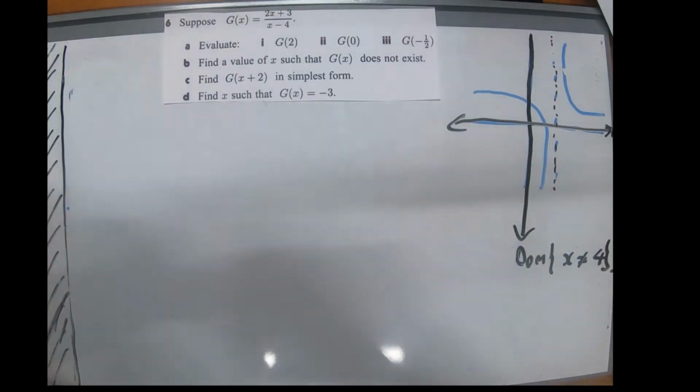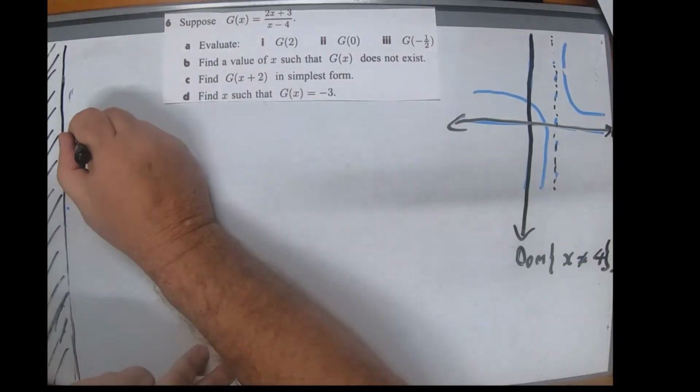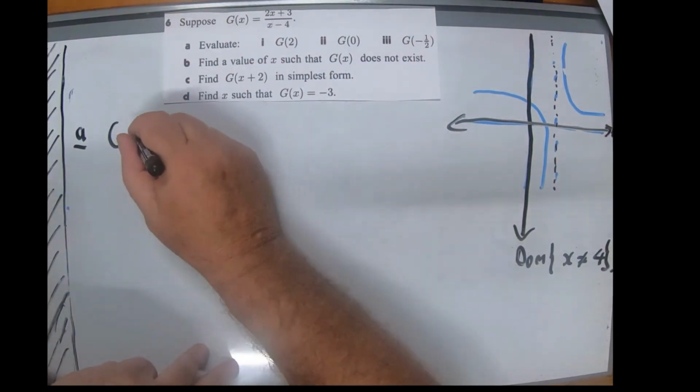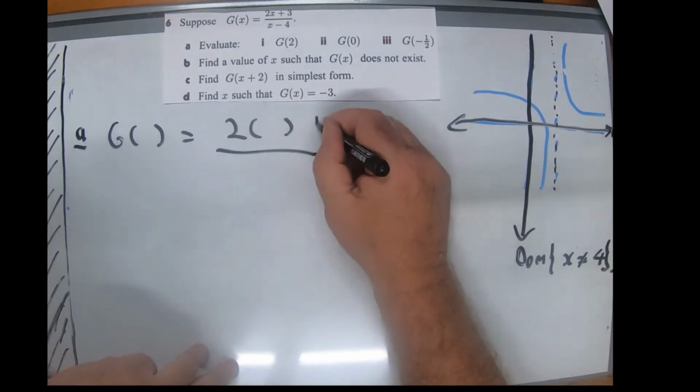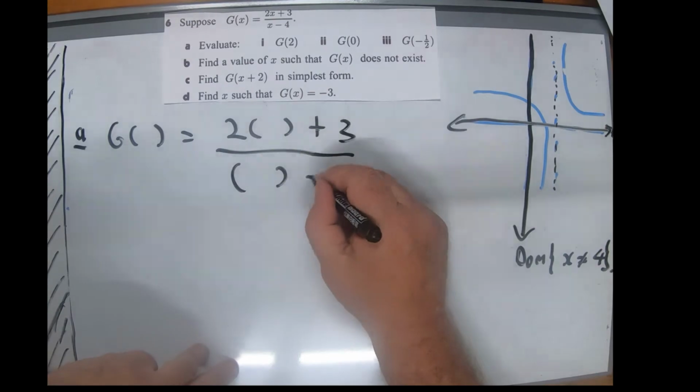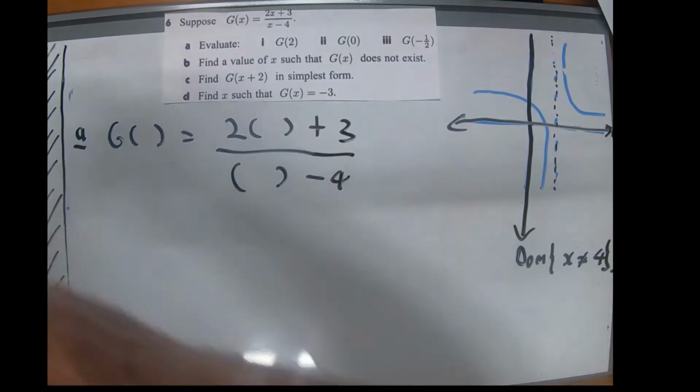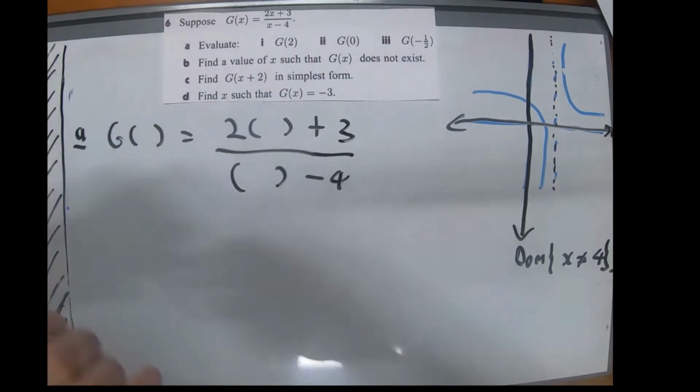Anyway, first up, a couple of straightforward questions. We'll only do a couple of these for part A. g of 2. So I'm going to write the function out with brackets where the x goes, so I don't have to do too much in the way of thinking.